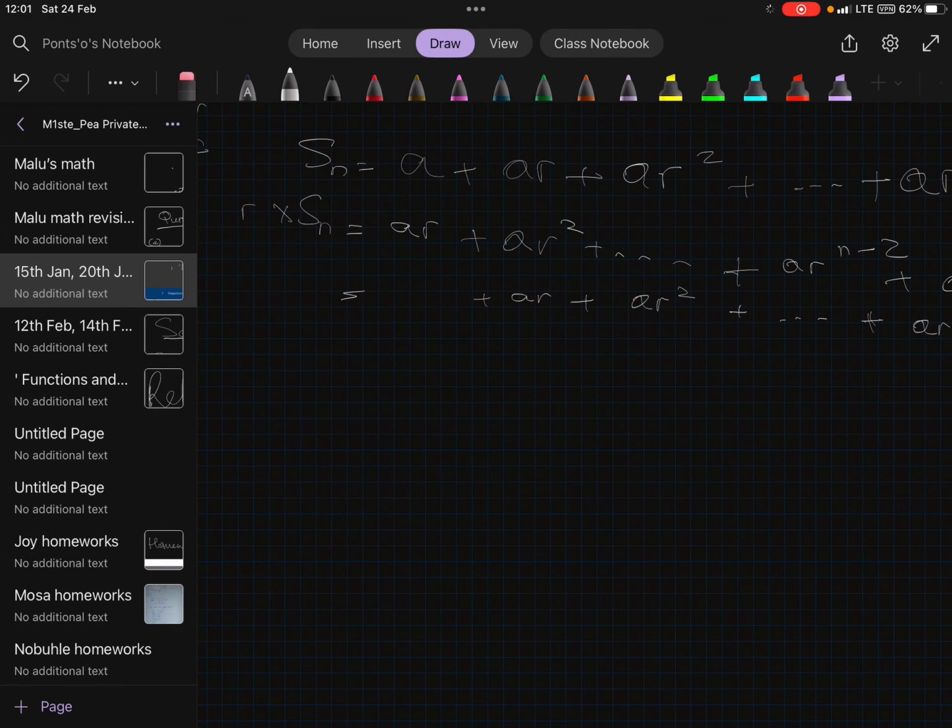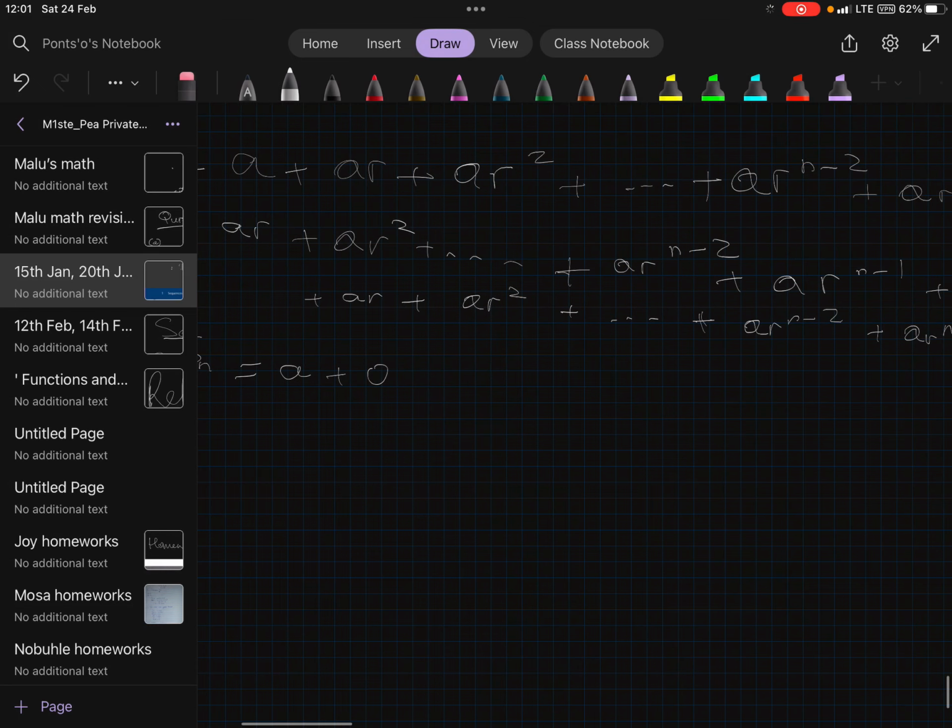And then we add everything up, or rather we subtract. So if we take the sum to the nth term minus r times the sum to the nth term, then we'll have a subtracting nothing, and it's just a, from the space after the equal sign. ar subtracts another ar, and that gives us 0. ar squared subtracts ar squared, and that gives us 0.